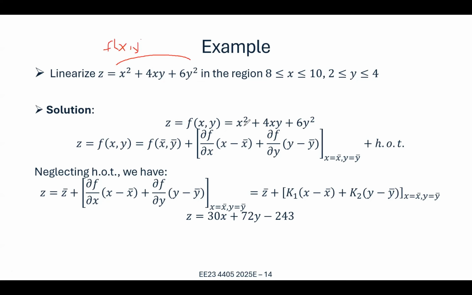The linearization of z would be based on f at x bar, y bar, where x bar is the average of this range and y bar is the average of that range.